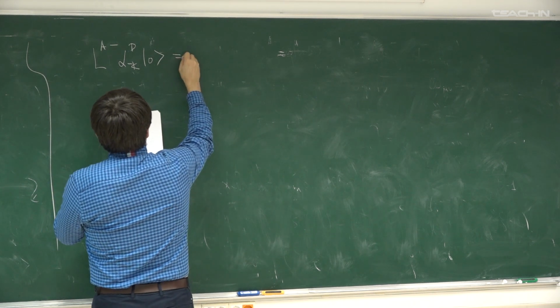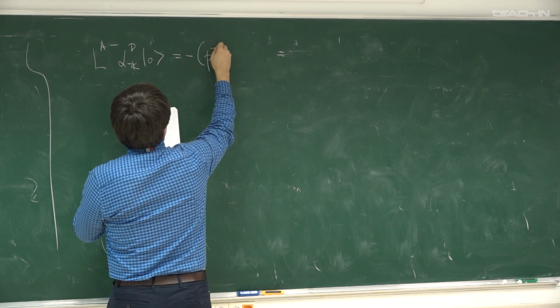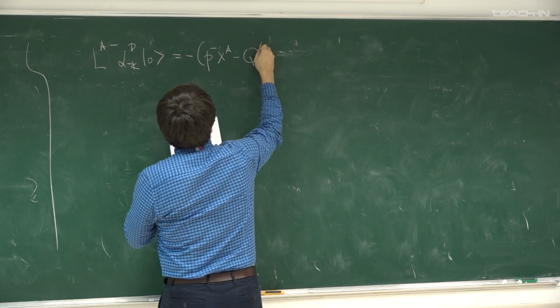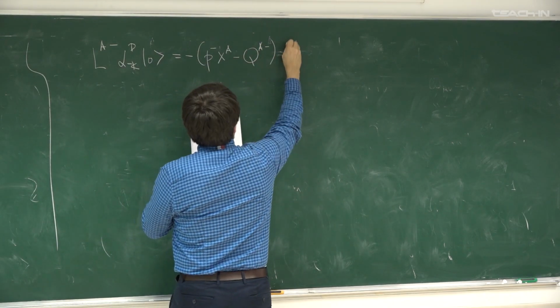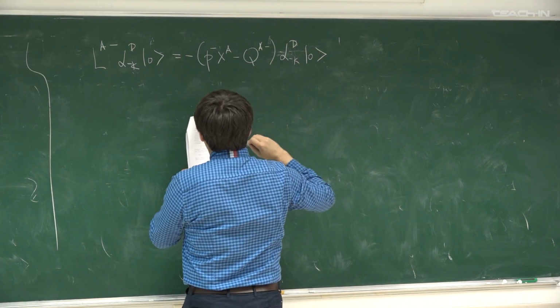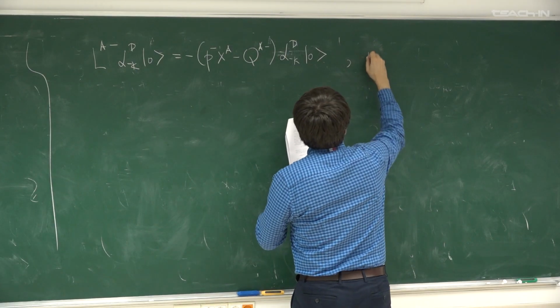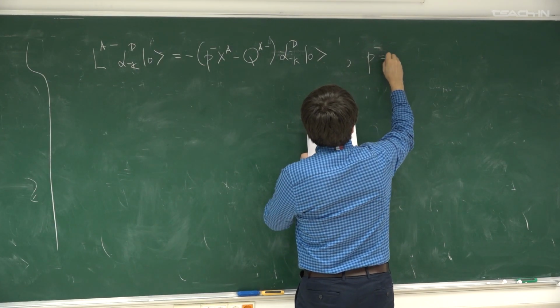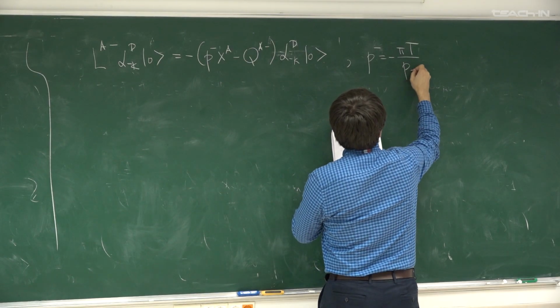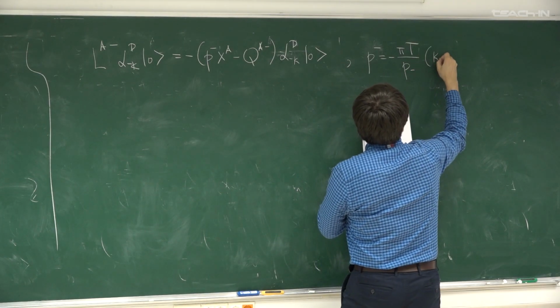And then we get minus P minus X_A minus Q_A minus alpha minus k d, where now P minus is minus pi t over p small minus k minus A.